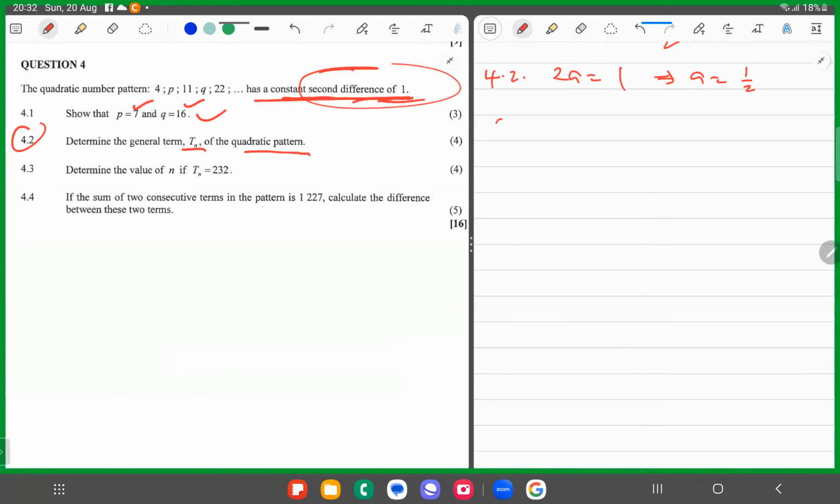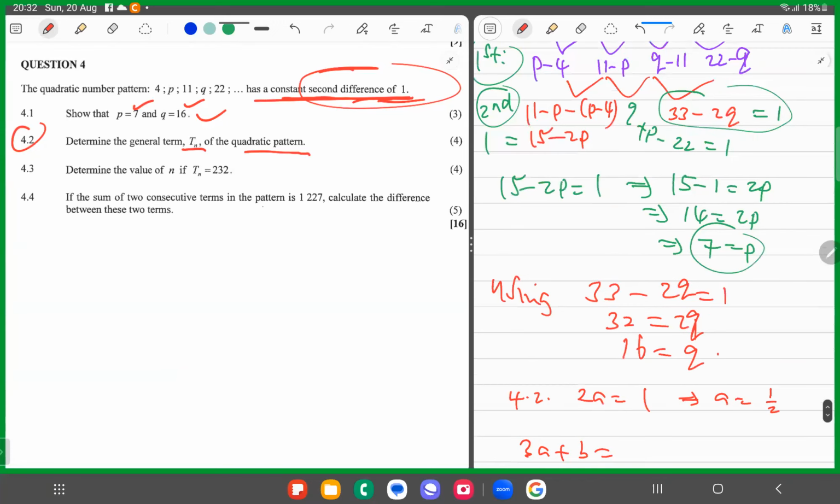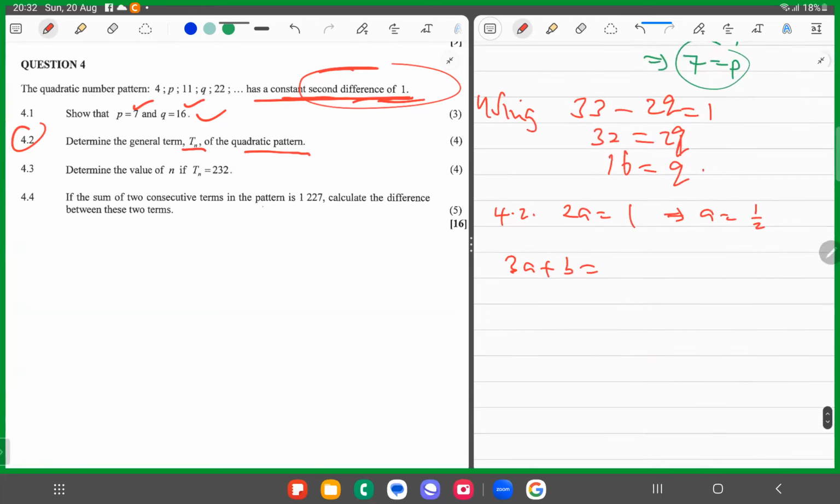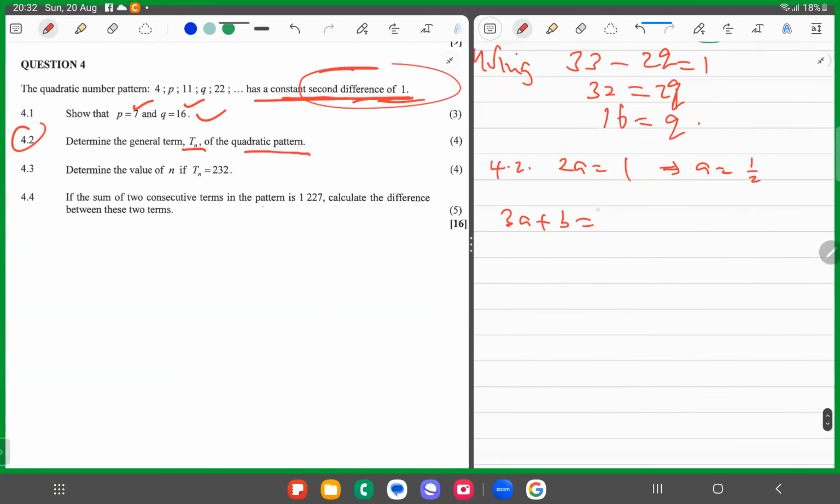The next thing is to always say 3a plus b, okay? So 3a plus b is p minus 4. What is p? It's 7 minus 4 because p is 7. Then we have 3a plus b is 3.